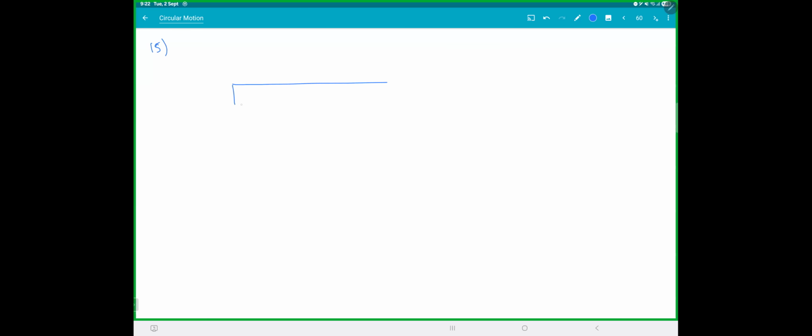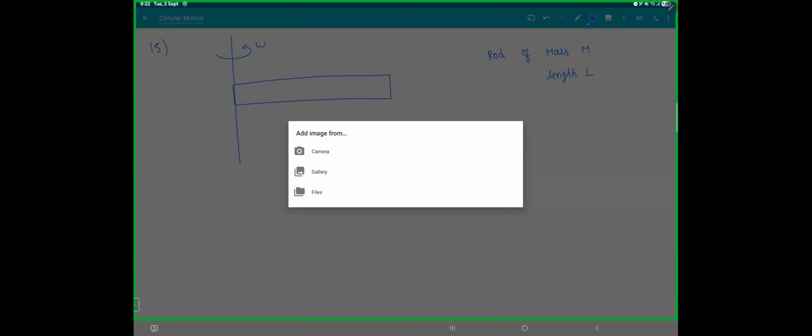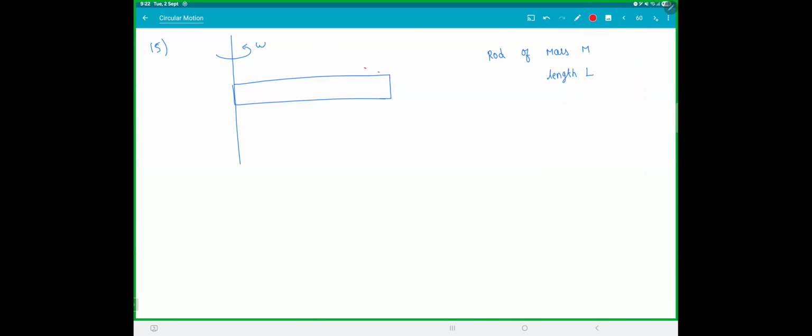Let's say we have a rod. So this rod you fixed at one end and you're rotating the whole thing. It's like you stretch your hand and you rotate it. This is a rod of mass m and length L. And this whole setup is rotating in a big circle here.